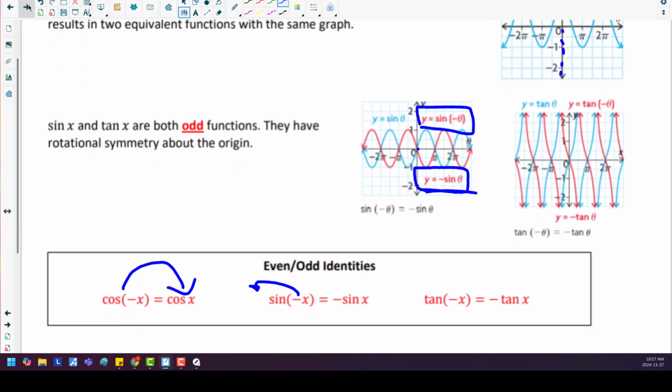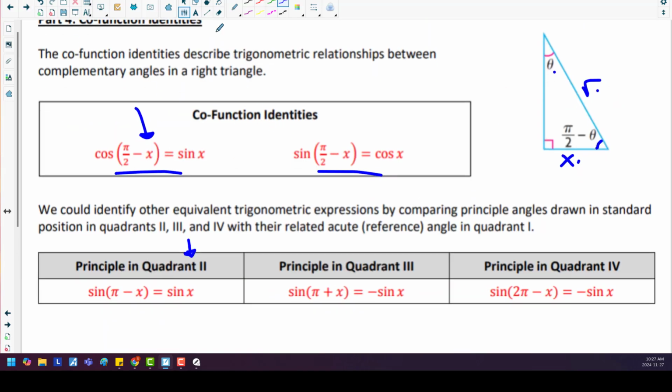Let's use our cofunction identities, actually, this one here.